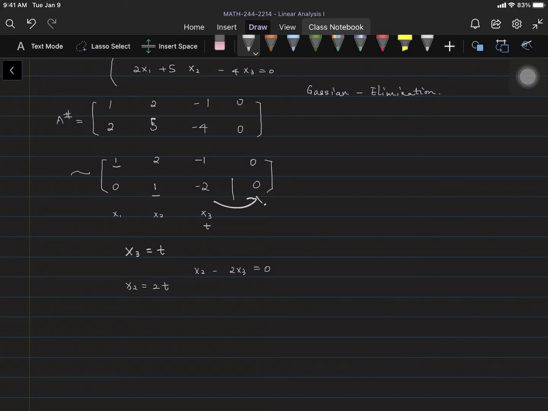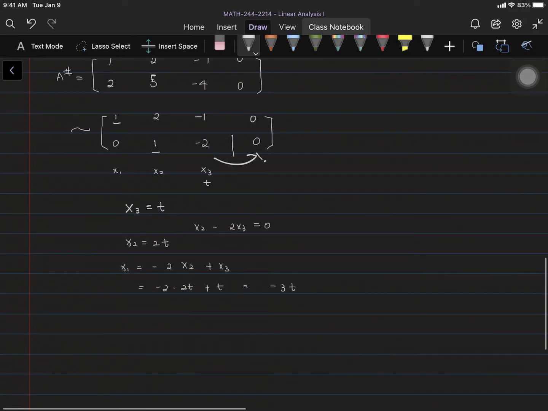So x1 equals -2x2, and I'm looking at the first row now because I'm solving for x1, plus x3 and plus 0. So plug in x2 equals 2t and x3 equals t. Simplify: -4t plus t, which is -3t.